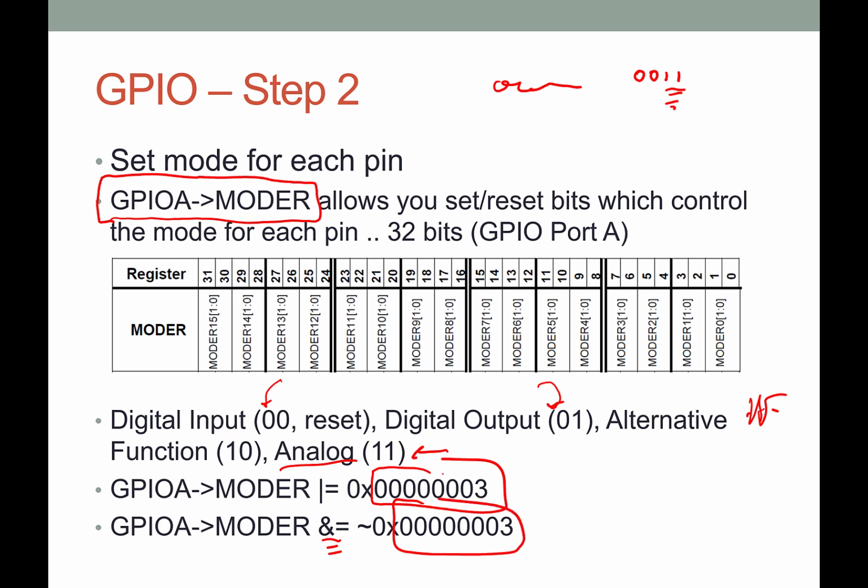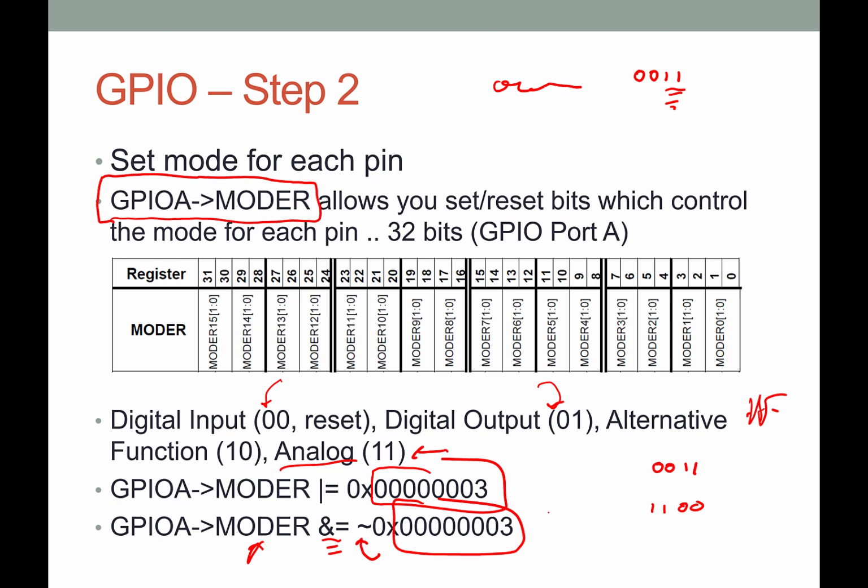It's this 3. If we do this mask operator here, we take the 3 again, so 0, 0, 1, 1, but then we use the complement, so that's going to be 1, 1, 0, 0, and then we're going to AND the mode register with that.